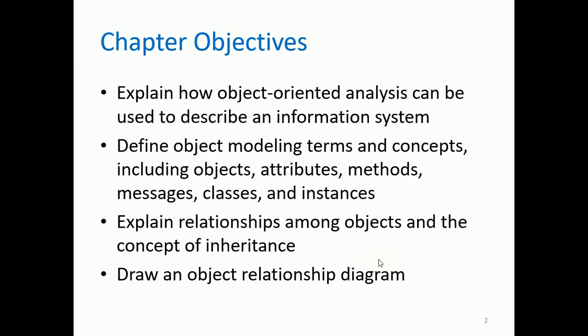The chapter objectives: explain how object-oriented analysis can be used to describe an information system; define object modeling terms and concepts, including objects, attributes, methods, messages, classes, and instances; explain relationships among objects and the concept of inheritance; and draw an object relationship diagram.